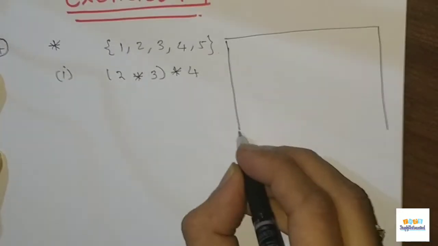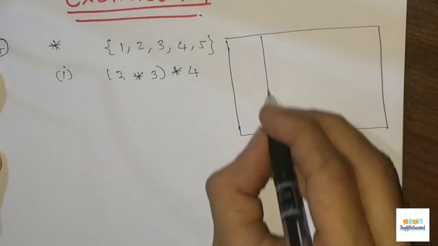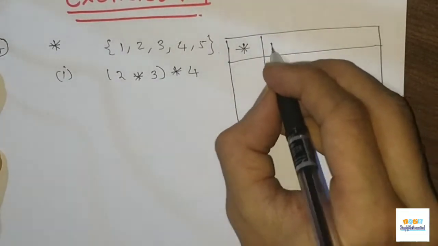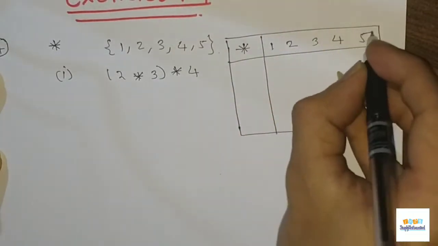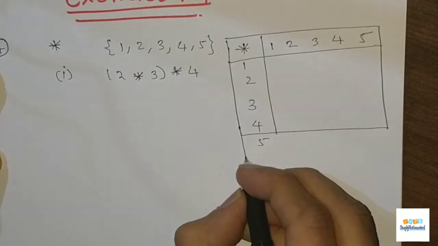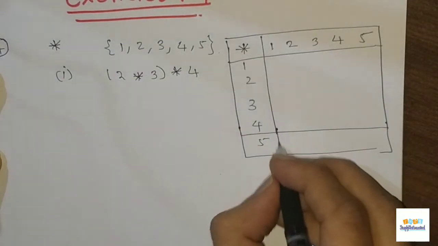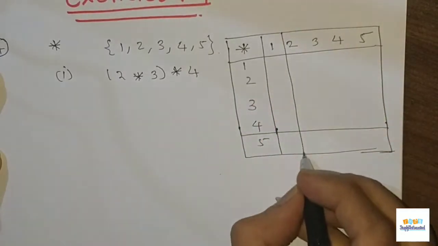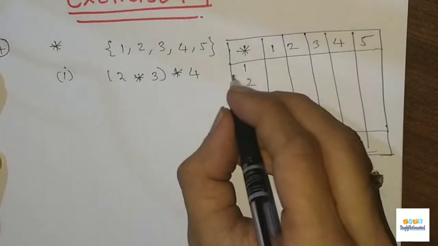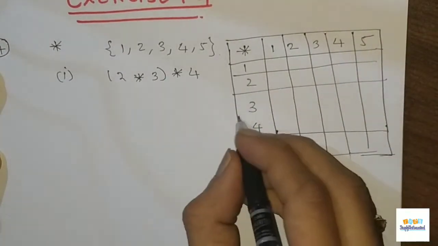So I'll draw the table here. This is the operation star, with 1, 2, 3, 4, 5 along the top and 1, 2, 3, 4, 5 along the side. This is the table that is given to you.